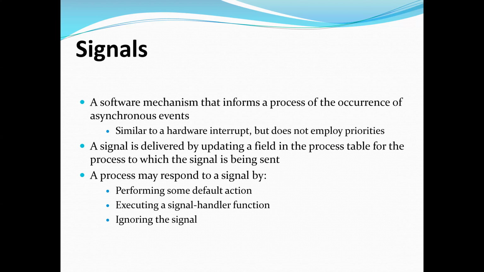Signals that occur at the same time are presented to a process one at a time, with no particular ordering. Processes may send each other signals, or the kernel may send signals internally. A signal is delivered by updating a field in the process table for the process to which the signal is being sent.